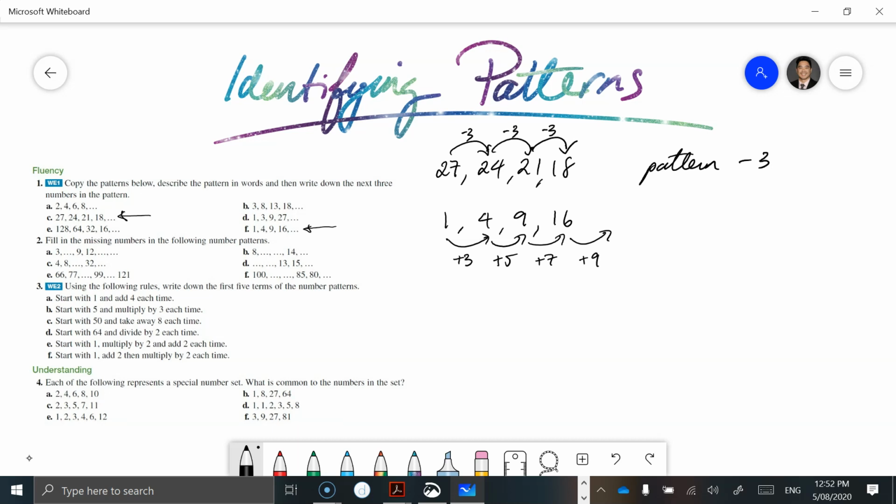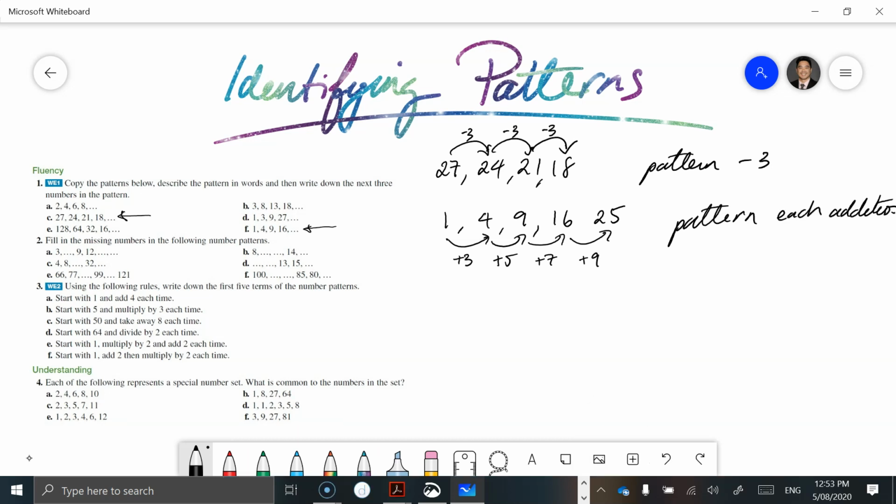So 3, 5, 7, 9. That's the next number to add, so we should get 25 as the answer. So we could say that each addition increases by 2.